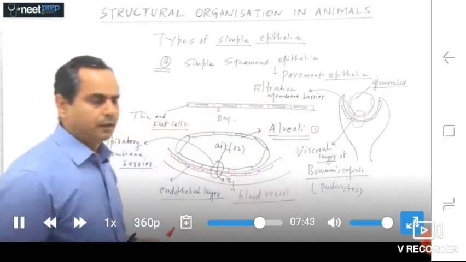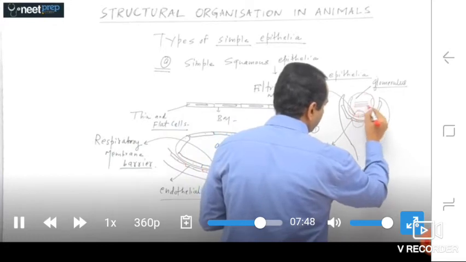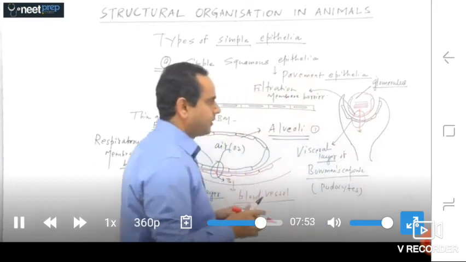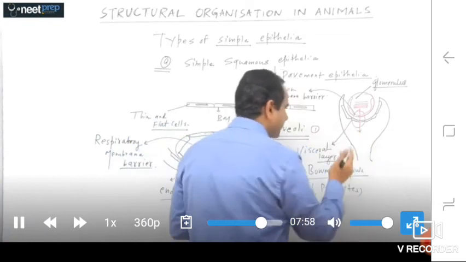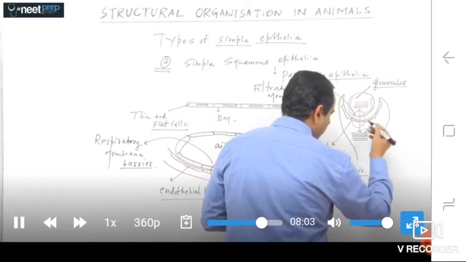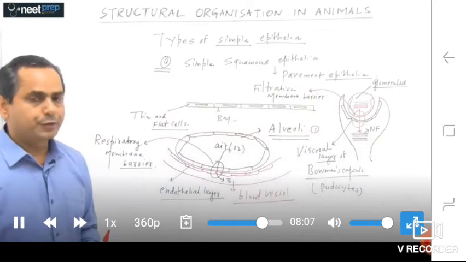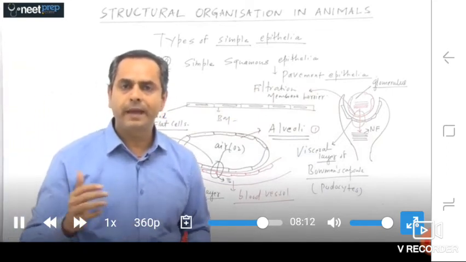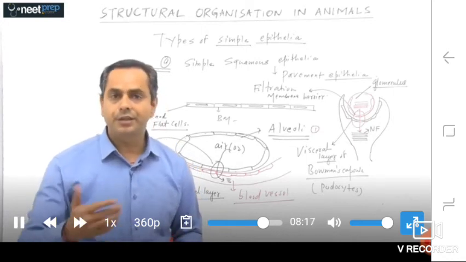It means the blood that is present in the glomerulus is filtered across this filtration membrane barrier and reaches the lumen of Bowman's capsule, and it becomes a fluid called nephric filtrate. So filtration across the filtration membrane barrier happens in the kidney.